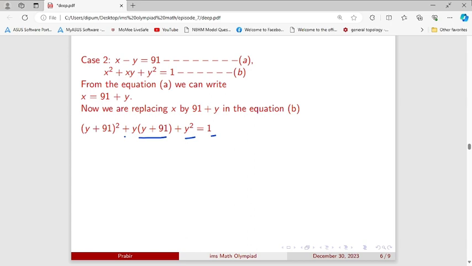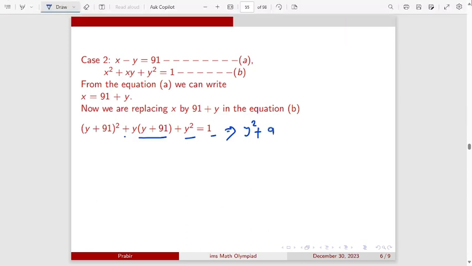Okay, so from here we can write y square plus 91 square, 91 whole square means 8281. We can write this one plus 182y plus y square plus 91y plus y square is equal to 1. So now we can write y square plus 8281.